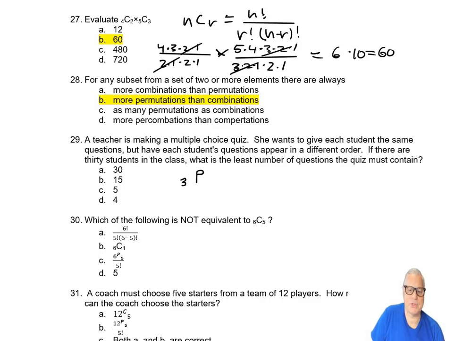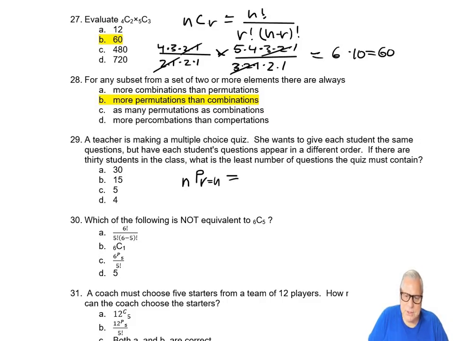So we have n questions and we choose r. But r is actually equal to n, because everyone gets the same exam. So n is the same as r. That's a little bit the trick.